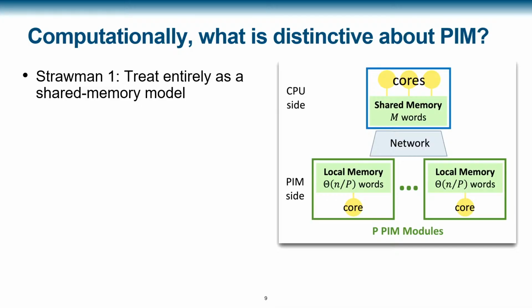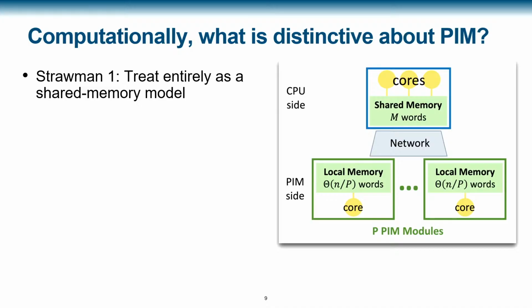If I take my overall memory and randomly hash it, and I have a little bit of parallel slackness, so I can hide log P of these things in flight at a time, then I can emulate a PRAM algorithm on a distributed memory.